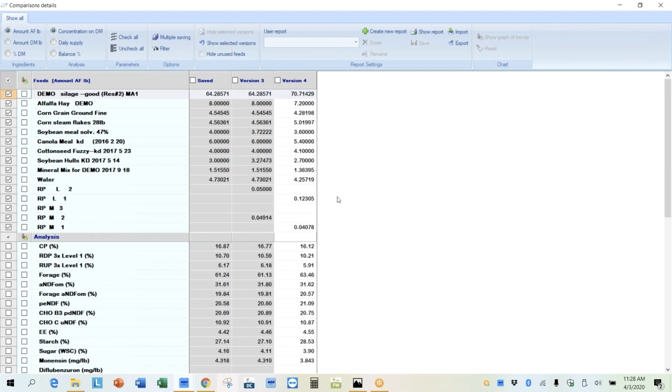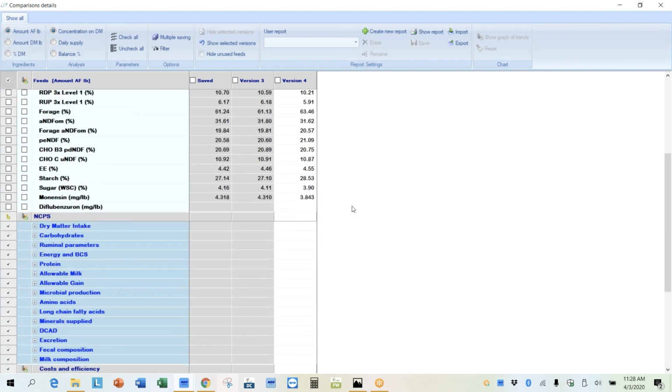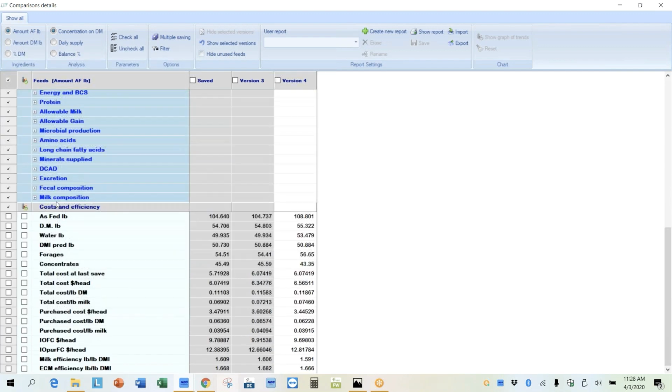But now I can compare these 3 scenarios: my first saved diet, my hand-picked or plucked diet, versus version 4, which was the optimized diet. And I can look at the cost of these and the income over feed cost, and we can compare those numbers.